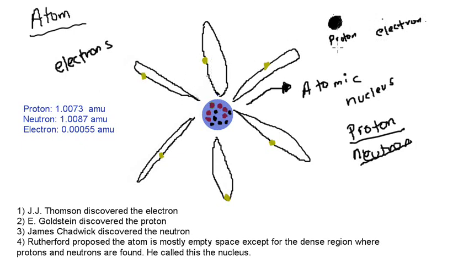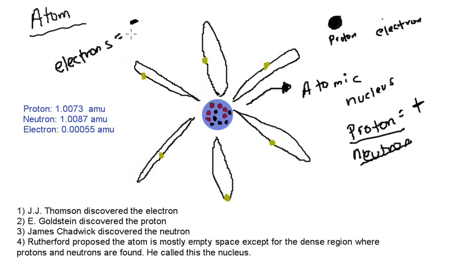Okay, so aside from that, protons and electrons have a charge, and this is what produces electricity. Protons have a positive charge. You can remember P for positive. Electrons, on the other hand, have a negative charge.